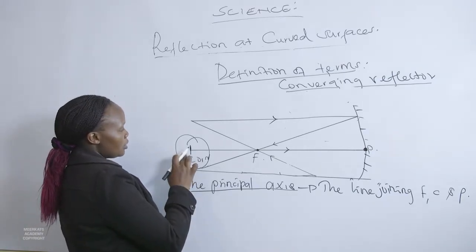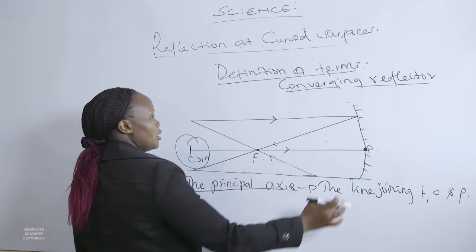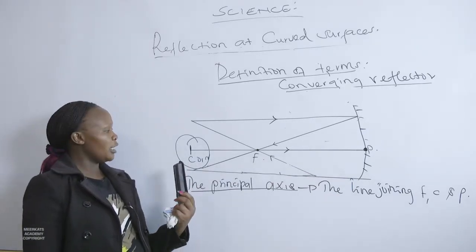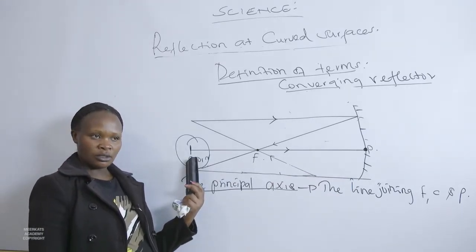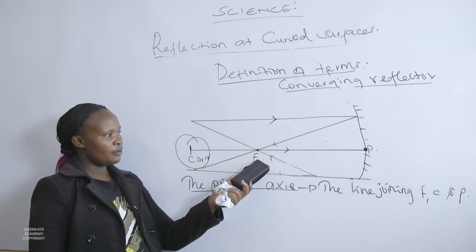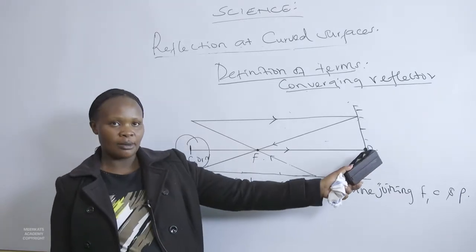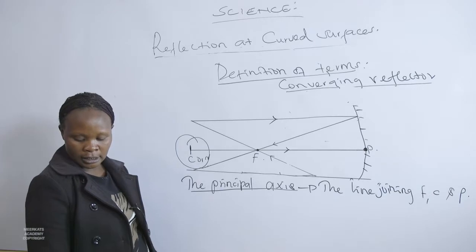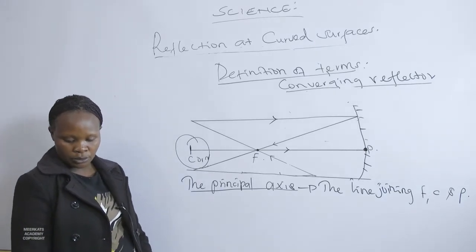Now, in our case, this is the line that we are talking about, where our C, our F, and our P are joined together.